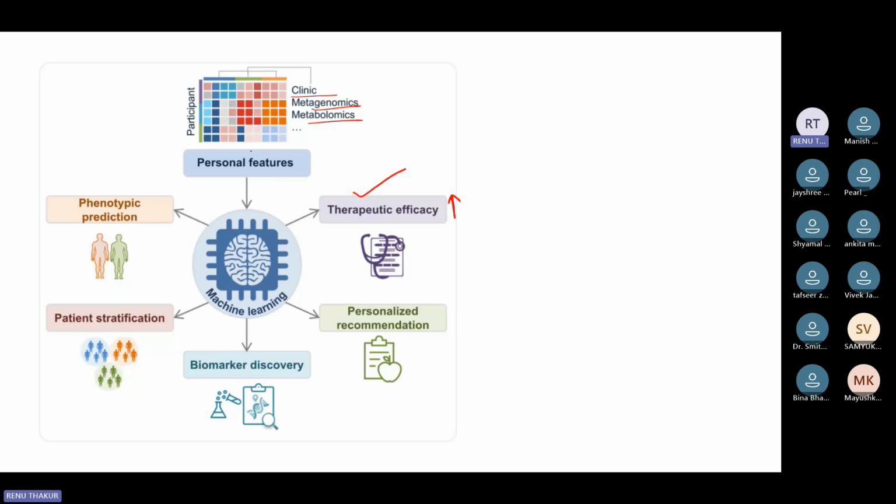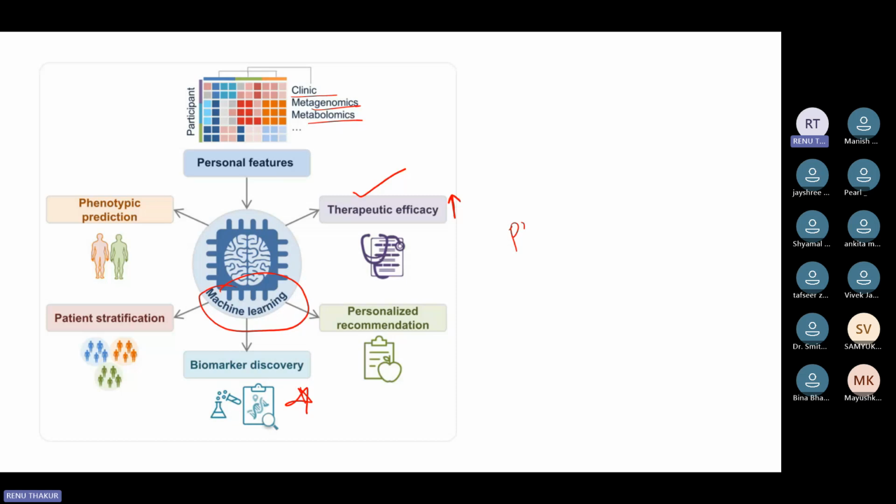And if you are referring to all the profiles of a patient, then accordingly, with the help of machine learning, you can design the therapeutics and suggest some personalized recommendation. For example, you need to have a probiotic of this kind, you need to have a prebiotic of this kind.